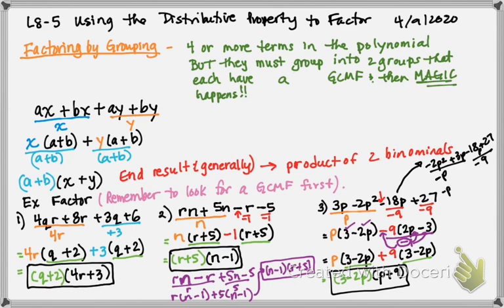Let's see. So I have negative p times a 2p minus 3. And then if I pull out a negative 9, I'm going to have to scrunch it. That's too scrunchy. I'm going to have to go down this way. And minus 9, oh no, that whole thing is bad.